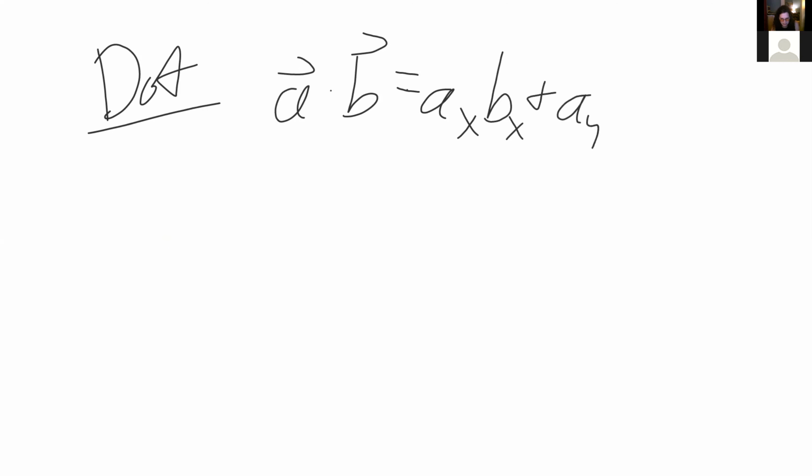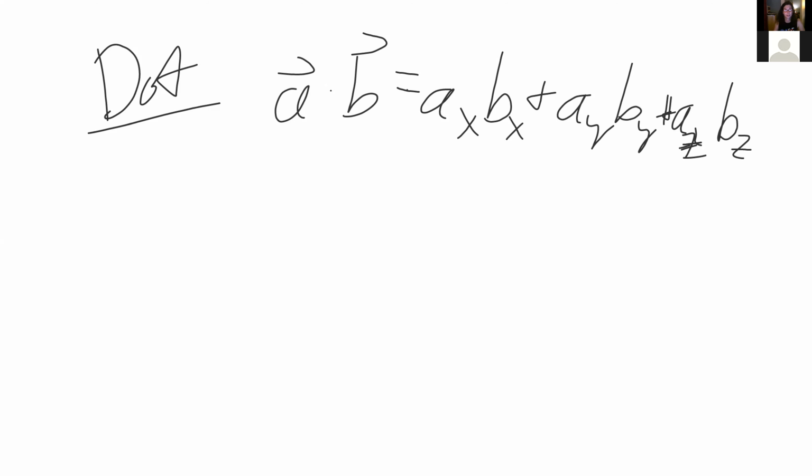The dot product, if you recall, A dot B is equal to AX BX plus AY BY plus AZ BZ.